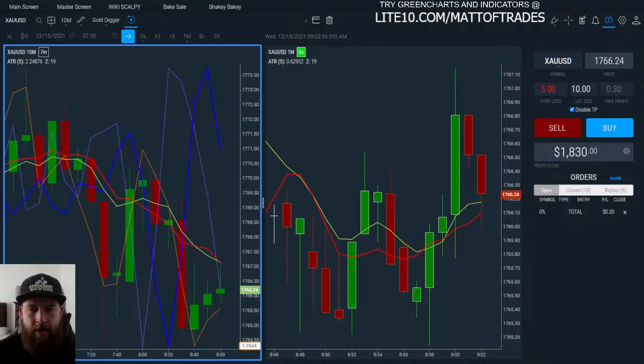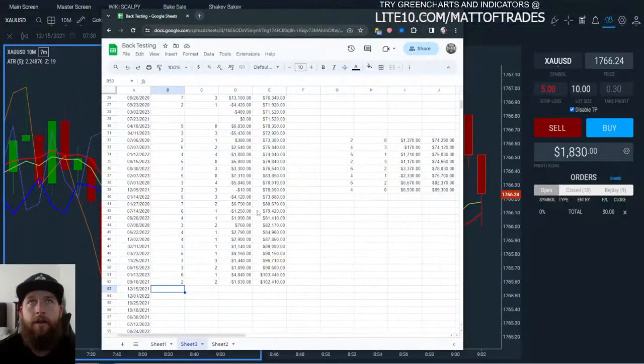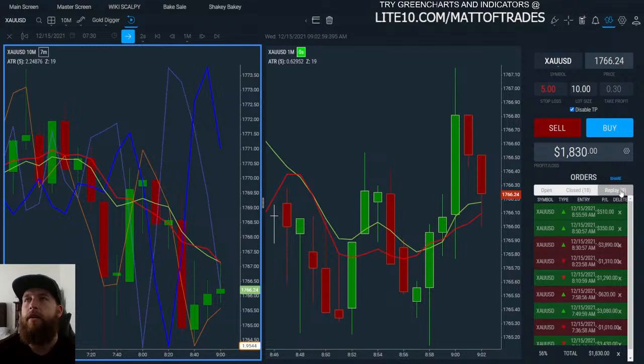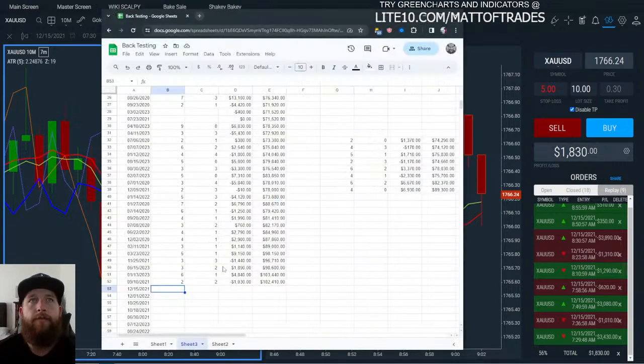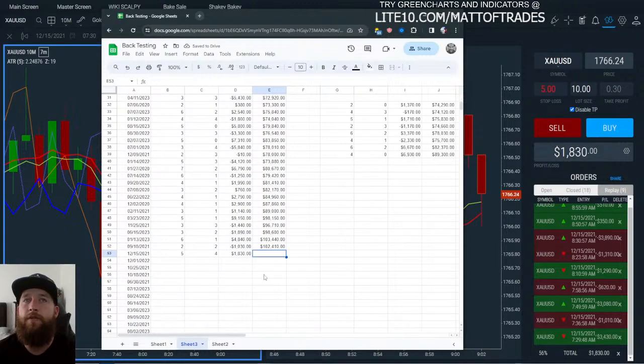Oh, where did my chart go? There it is. All right, so we took 9 trades. 1, 2, 3, 4, 5 wins, 4 losses, for a gain of 1,830, for a total of 104,240.